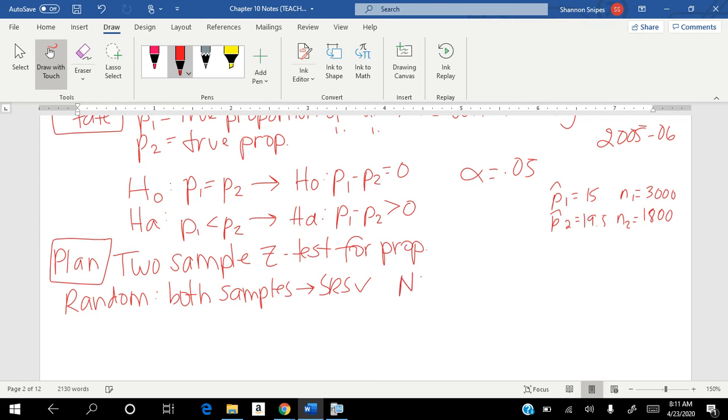Normal. So we're going to check the counts of successes and failures. So I'm going to do, for the first one, 0.15 times 3,000, 1 minus 0.15 times 3,000, and then do the same thing with the second proportion.